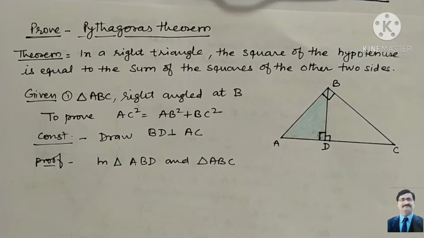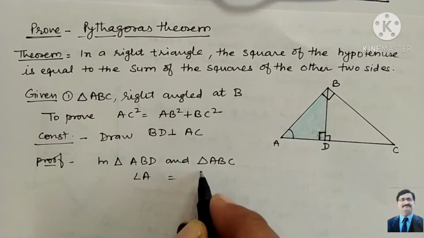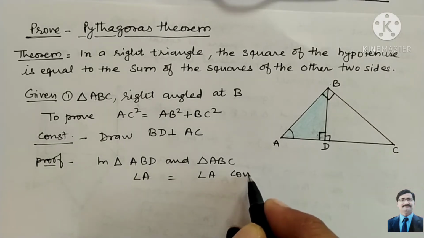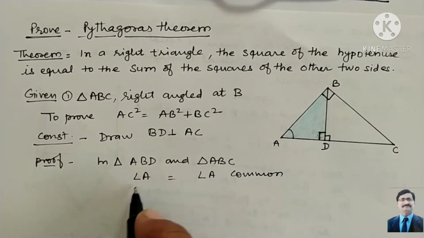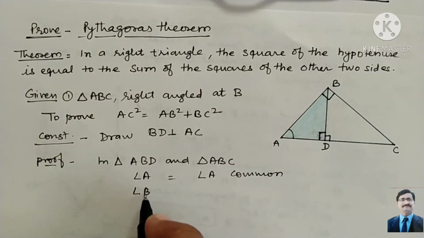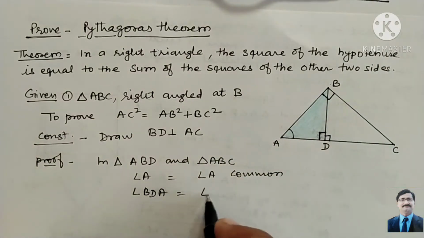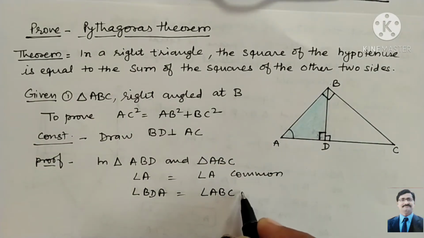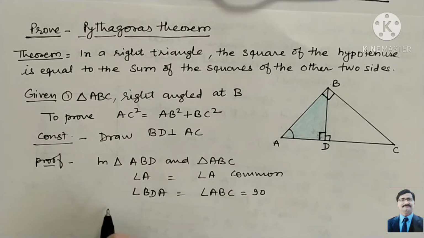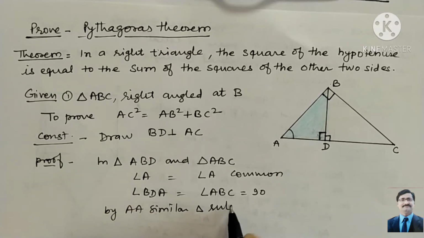Here we can see angle A is common, so angle A equals angle A. And angle BDA and angle ABC are both 90 degree.